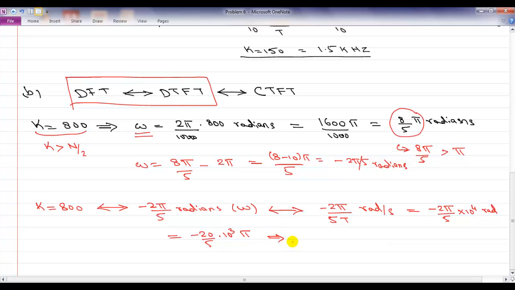So in hertz, that will be minus 2 kilohertz. So if you look at your k equal to 800 index of the DFT, that is telling you something about minus 2 kilohertz frequency.